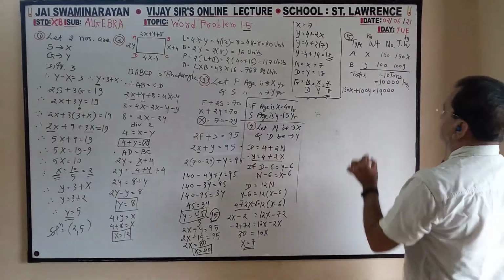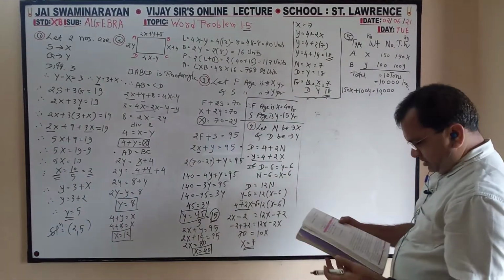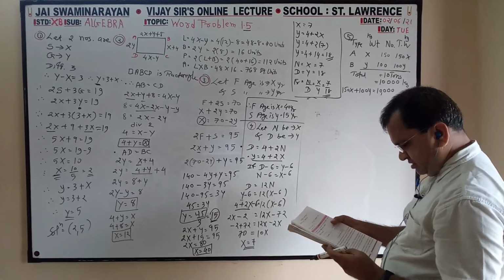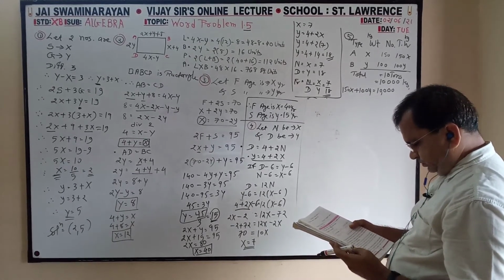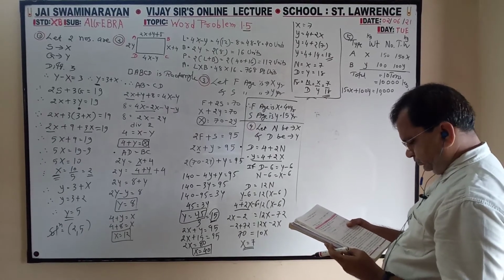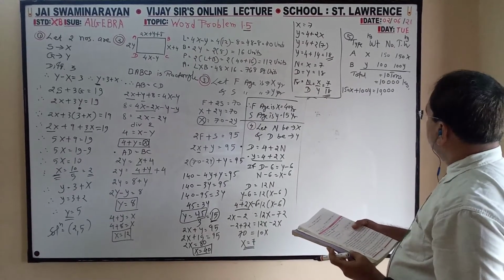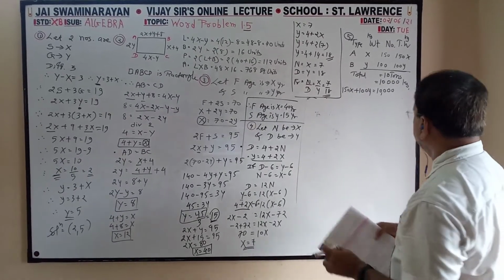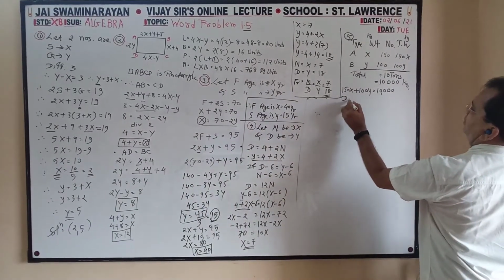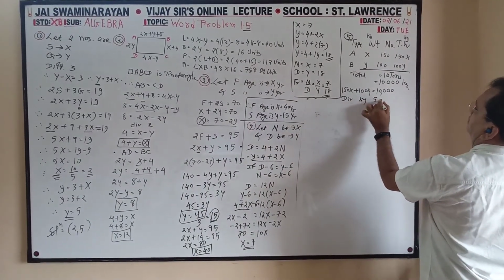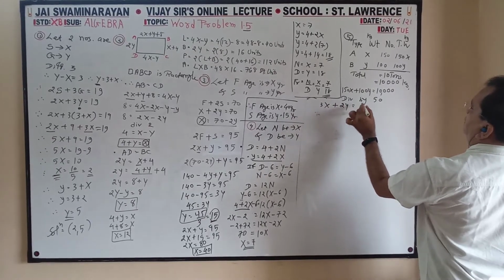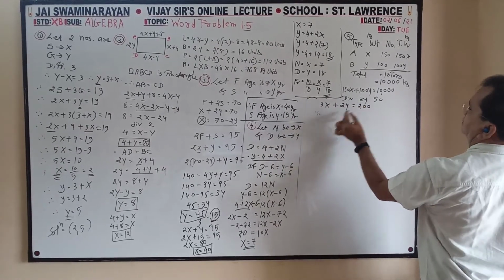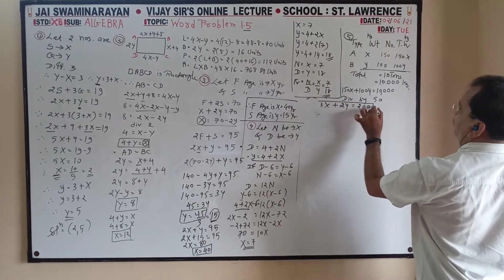Correct. Okay. So this you can divide by 50. So this is your first equation.